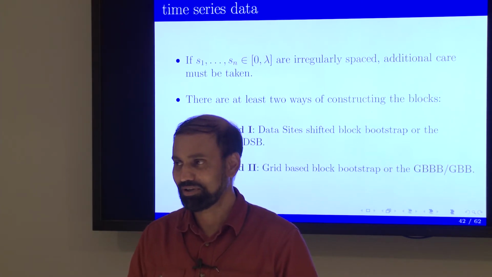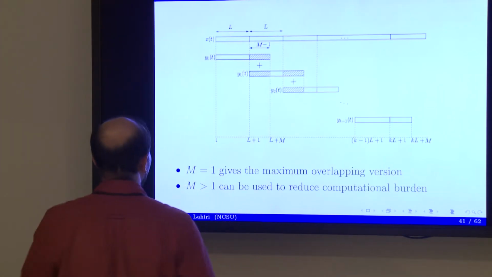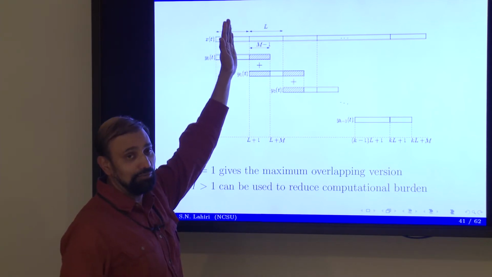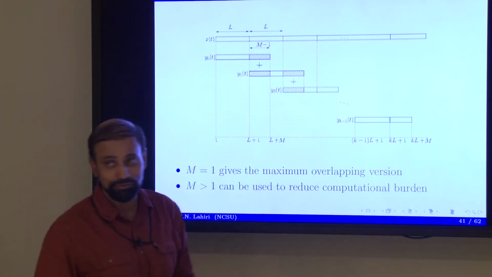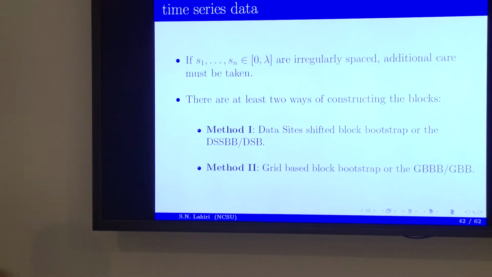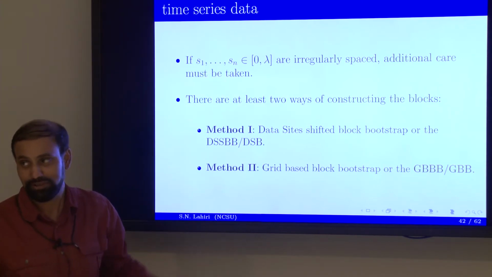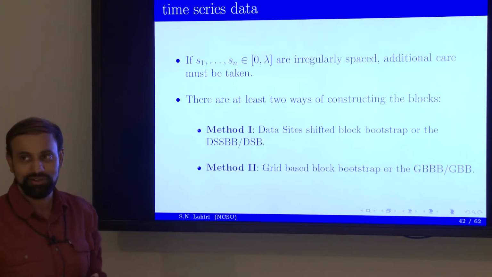How are you going to construct your blocks? If you go by this, the starting point can be x1, x2, x3, all of those, when you have regular spacing as well as no missing values. You do not have regular spacing. Missing value doesn't make sense. I'm not trying to cover any fixed grid.